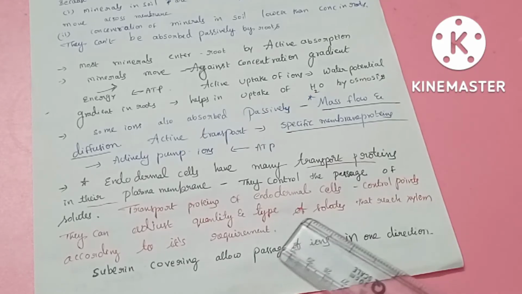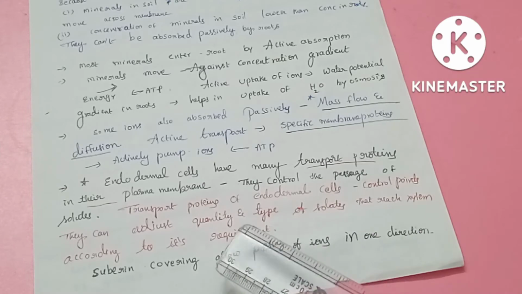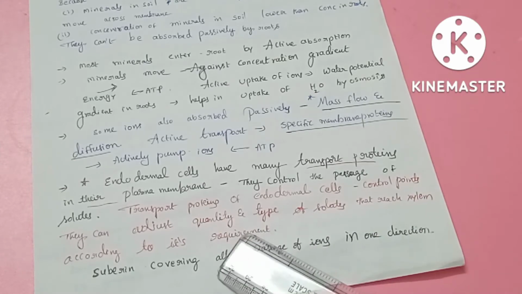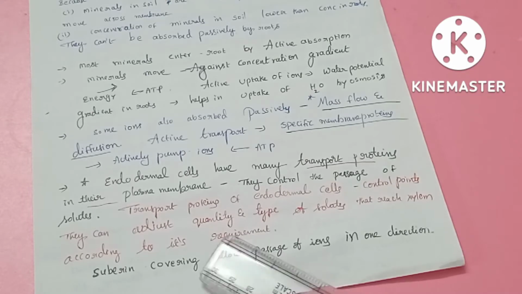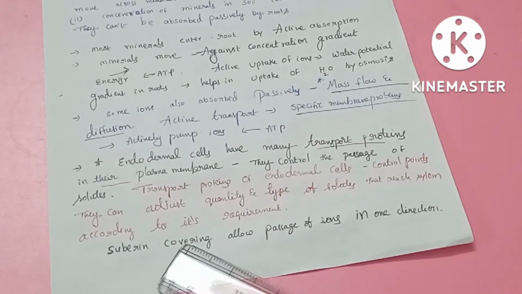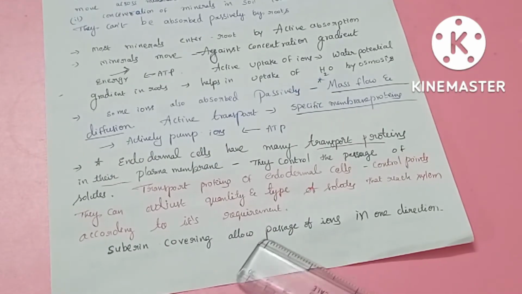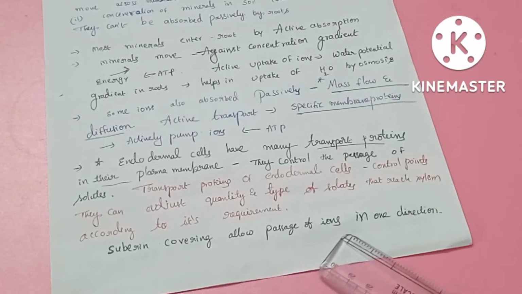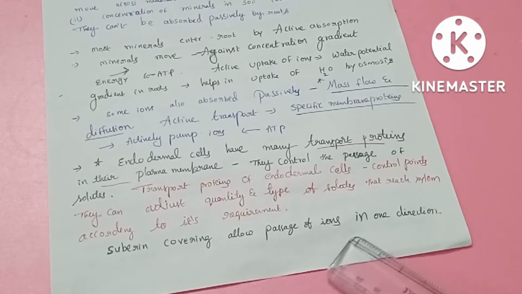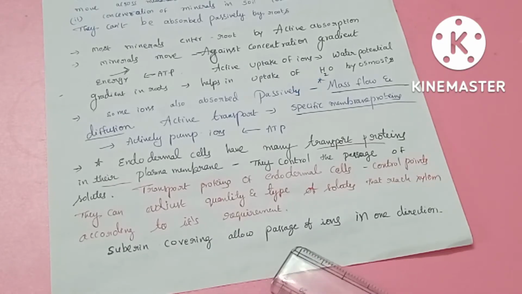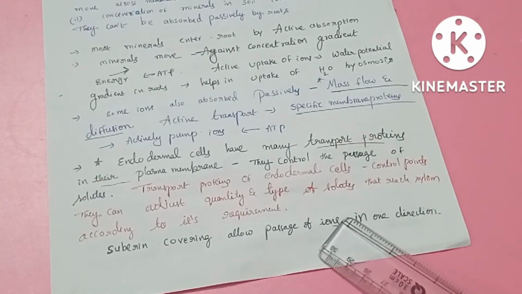So that is why these control points of the endodermal cells allow specifically some solutes to pass through. Once they reach the suberin covering of the endodermal cells and enter into that, they will not be sent back. That means the suberin covering allows the passage of ions only in one direction.